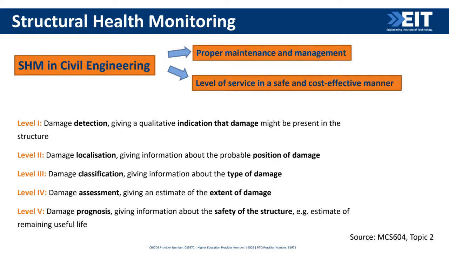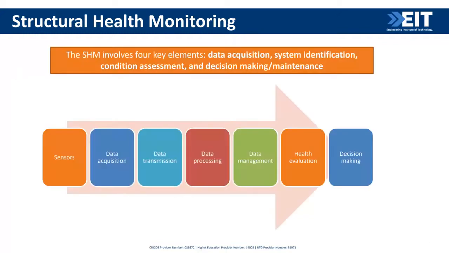We need to identify the position of damage, classification, the type of damage, and assessment, the extent of damage. So when you are working with health monitoring, yes, it's for humans, I truly believe. And prognosis, the safety of the structure. This is the main challenge structural engineers face, in my opinion: how it's possible to estimate remaining useful life. That's why I can imagine the level of accuracy and precision required of these monitoring systems.